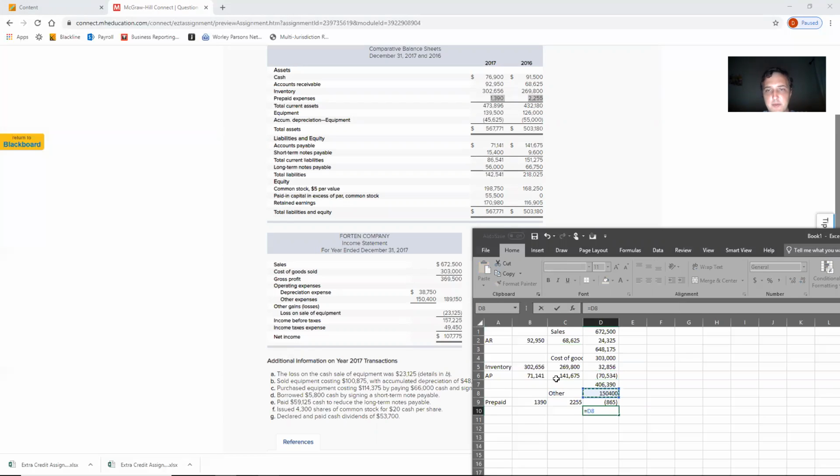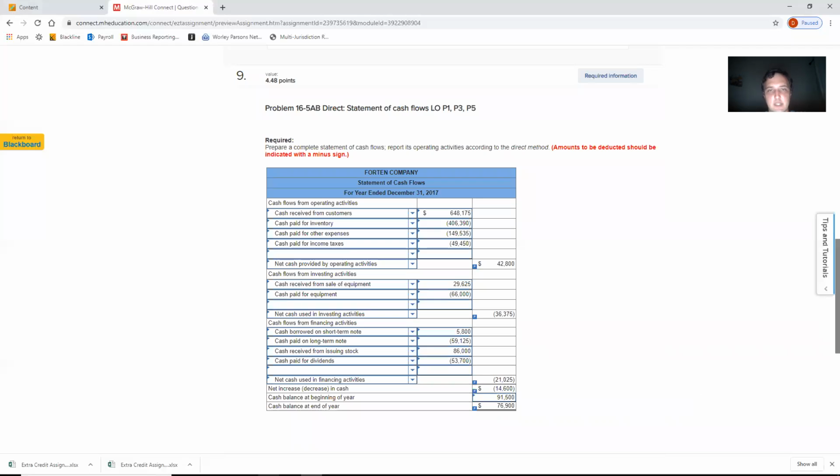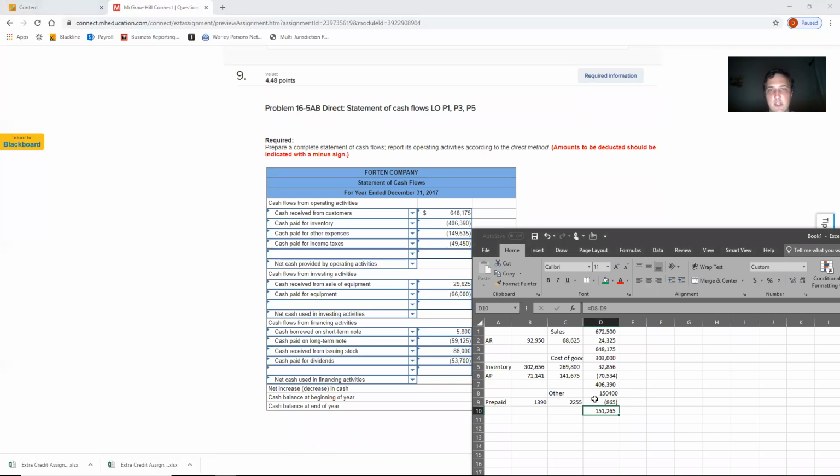Since prepaid went down, that means we paid more into it. Or we used less, sorry, it's a subtraction, because when the 150 was expensed, part of it was already paid for last period.